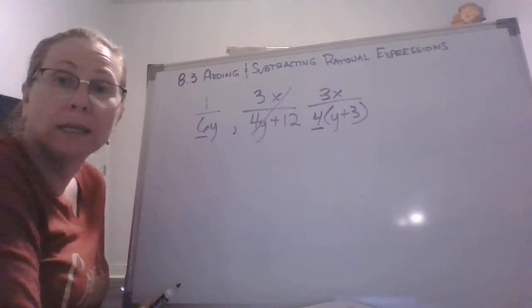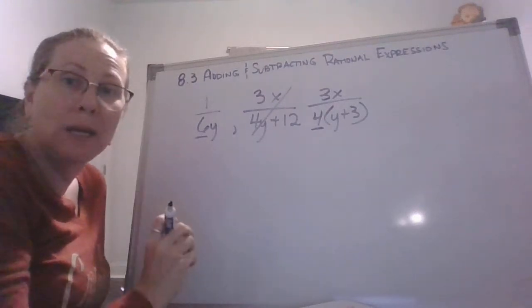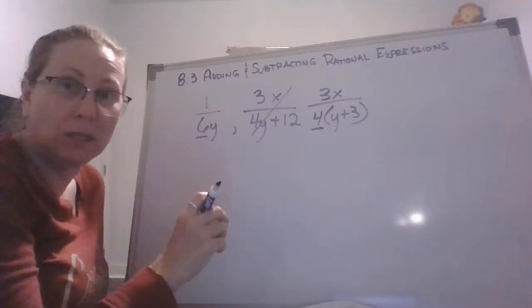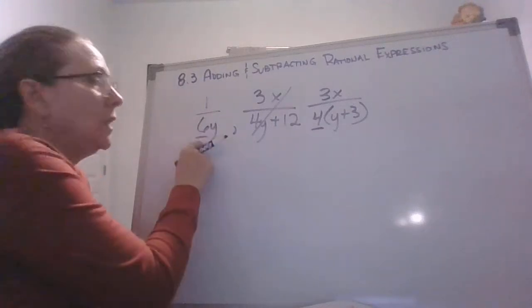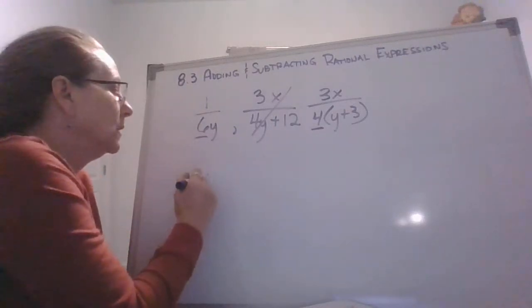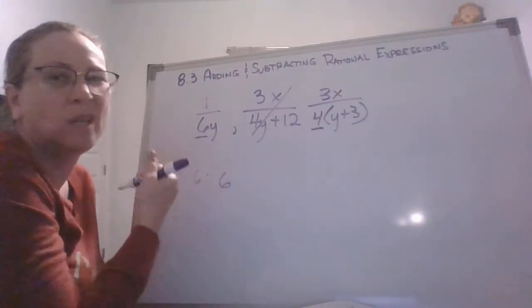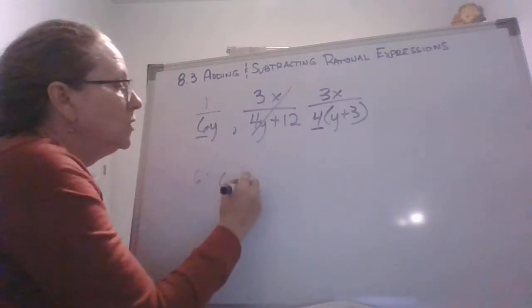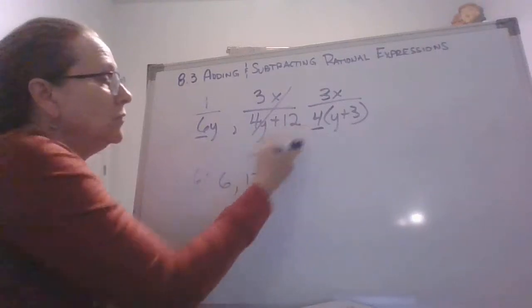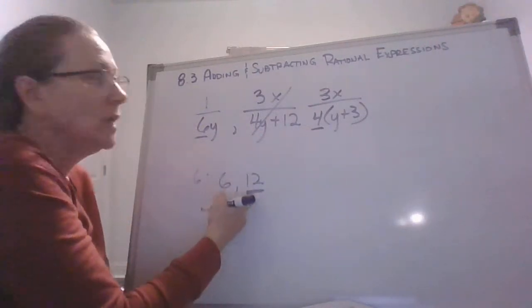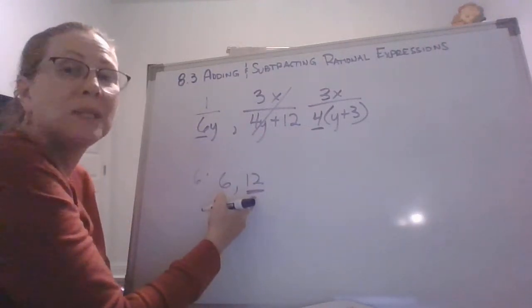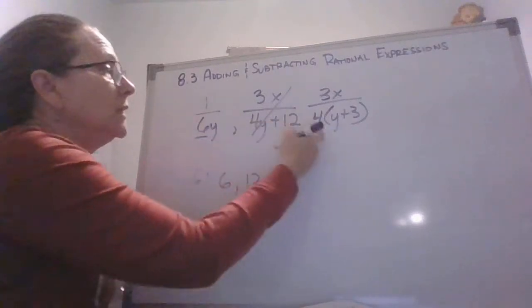First, we want the least common denominator for the digits. Look to the highest one, 6. Does 4 go into 6? No. So 6 times 1 doesn't work. 6 times 2 is 12. Does 4 go into that one? Yes. So 12 would be your least common denominator for the digits.